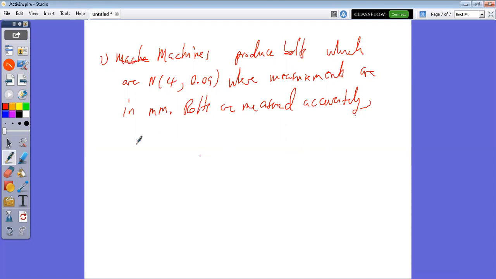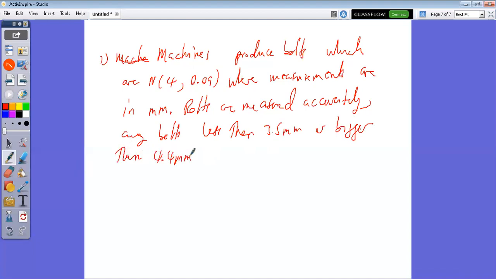And any bolts less than 3.5 millimeters or larger than 4.4 millimeters are rejected.